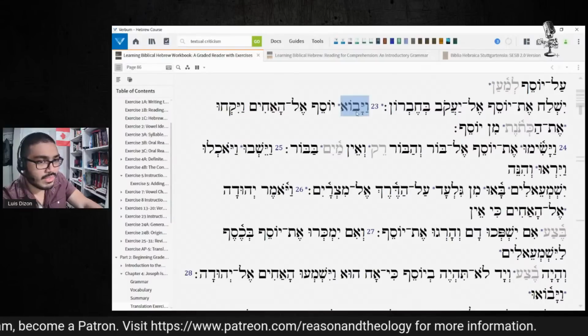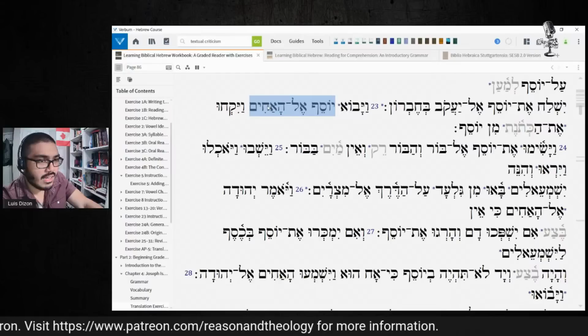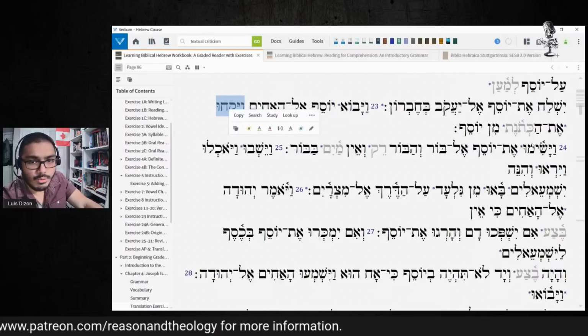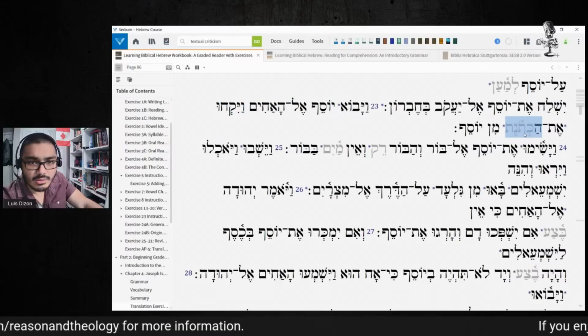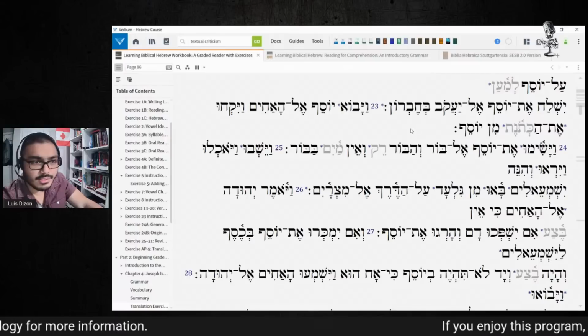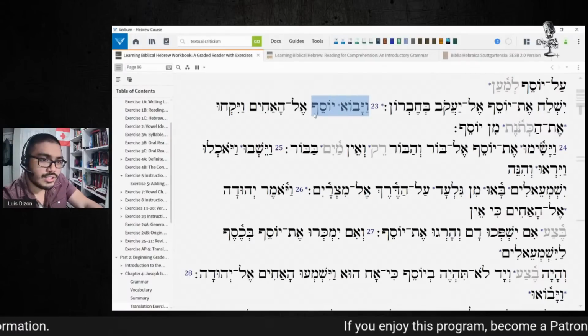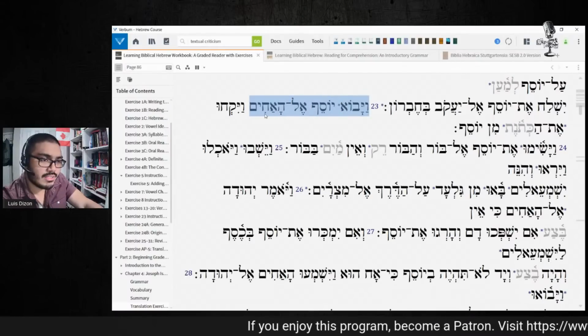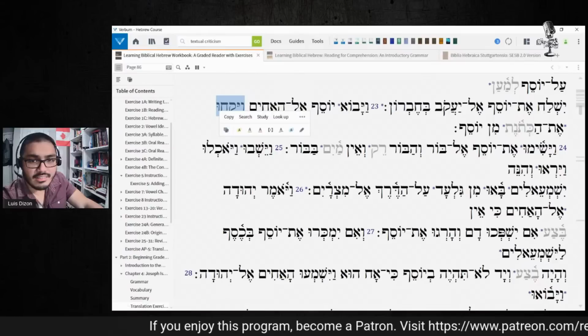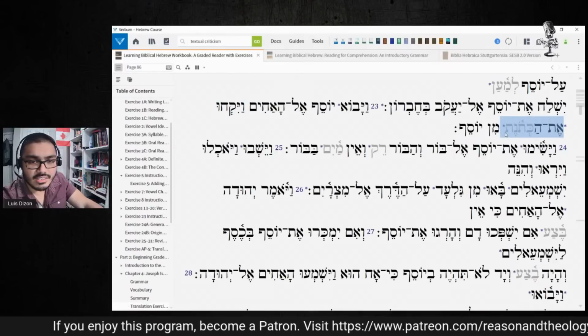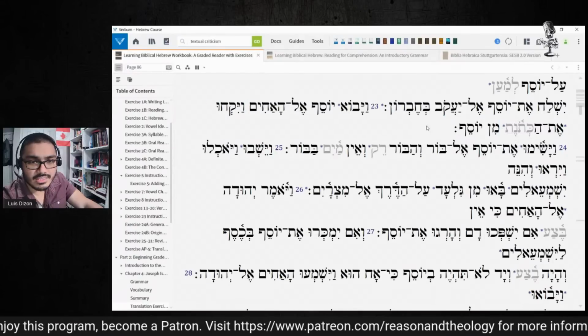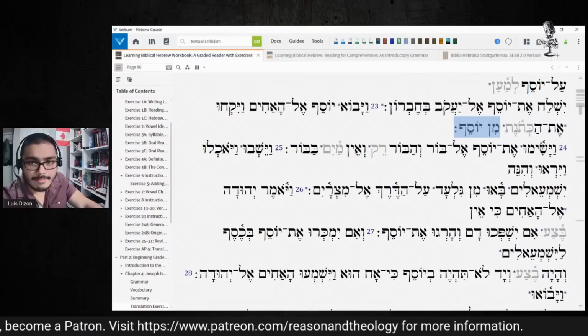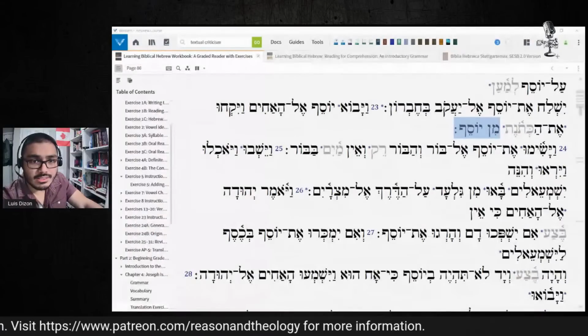In verse 23, Vayavo Yosef el ha'achim vayikhu et ha'ktonet min Yosef. And Joseph went to the brothers, and they took the coat from Joseph. Right?